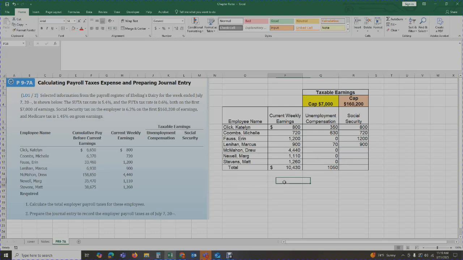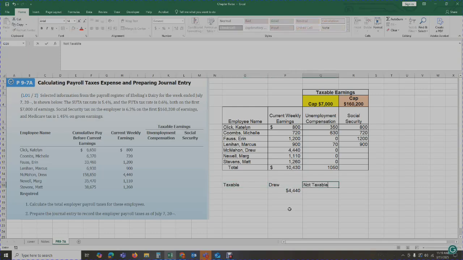Okay, so let me illustrate here just for purposes of what we're doing. So we're going to look at Drew. Drew earned $4,440, and I'm going to put here taxable, not taxable.